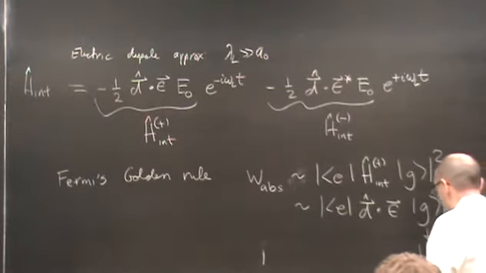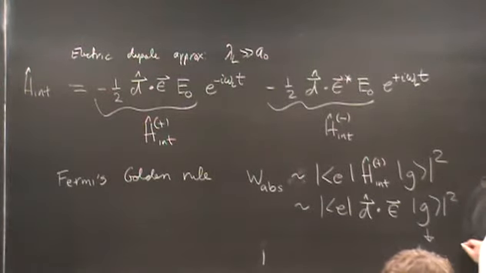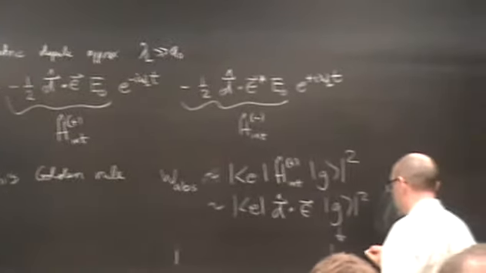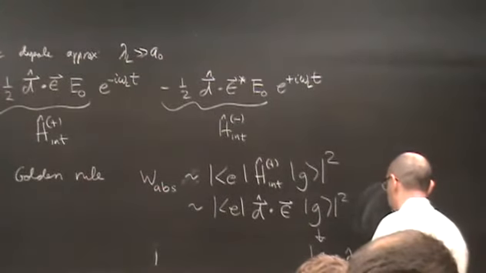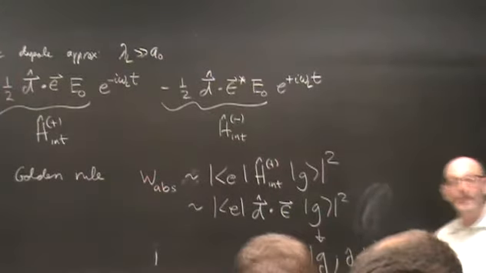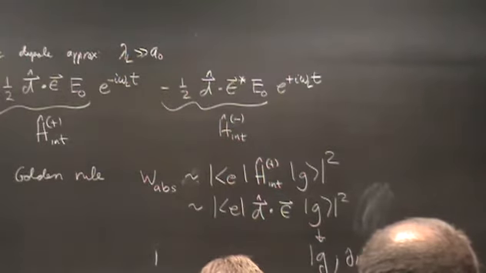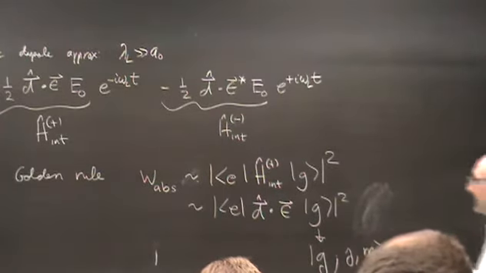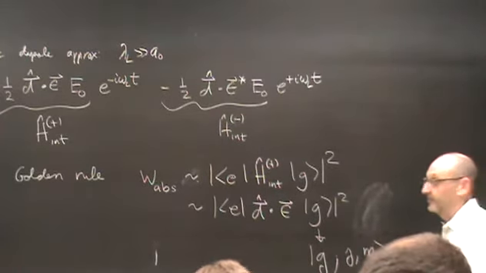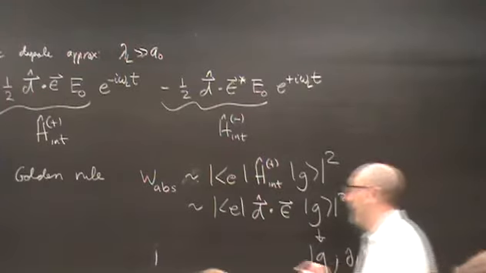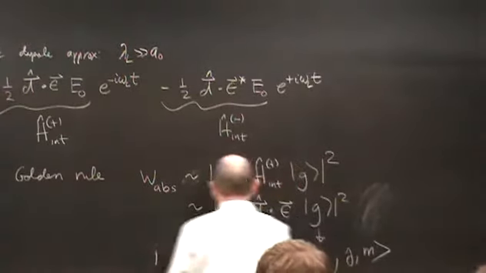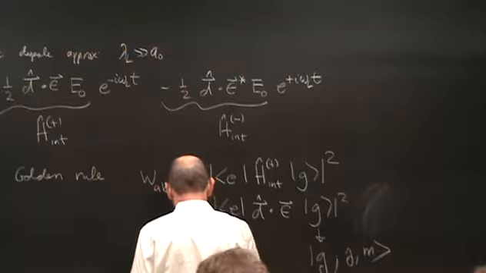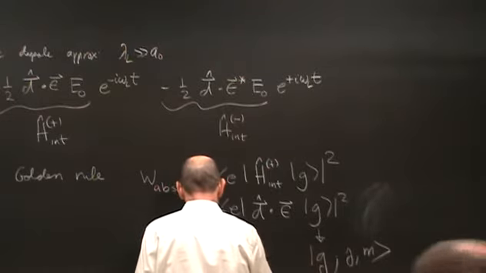It's got some ground state quantum numbers, but it's also got some total angular momentum J and some projection M. I'm not telling you yet what J and M are, but let's say that it's good eigenstates of J and M. And this has some J prime and M prime.